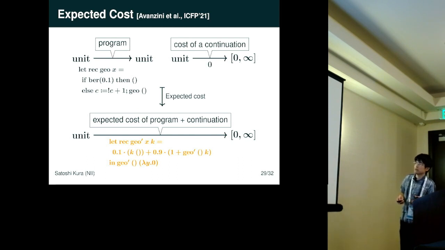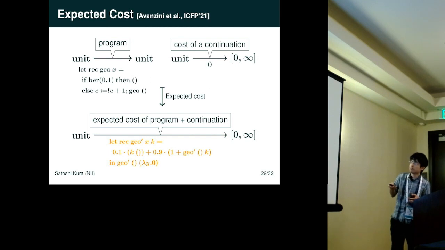And the problem here is what is the expected cost of such probabilistic programs. As I explained before, this problem can be solved by the weakest precondition for expected cost.